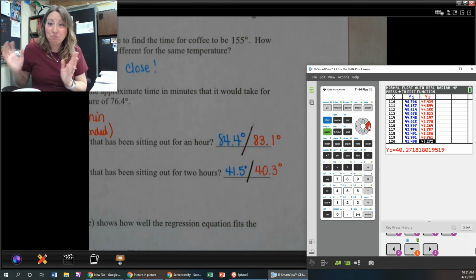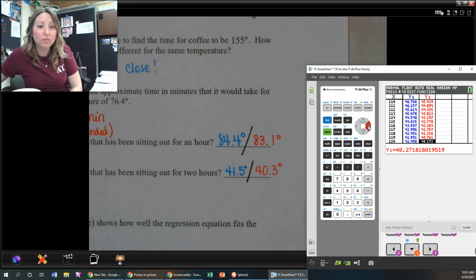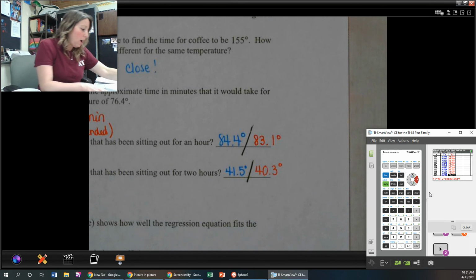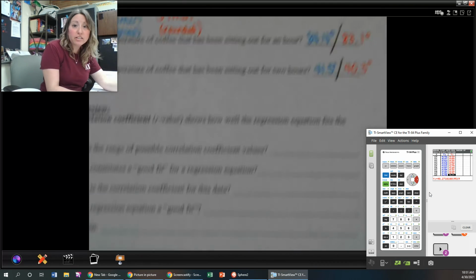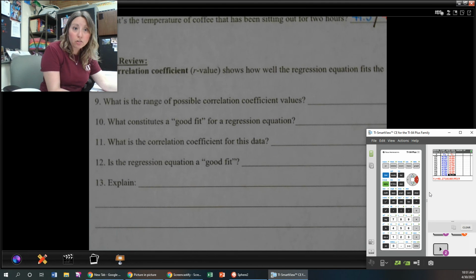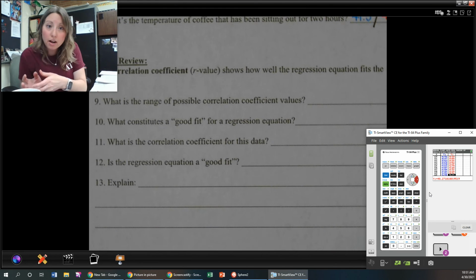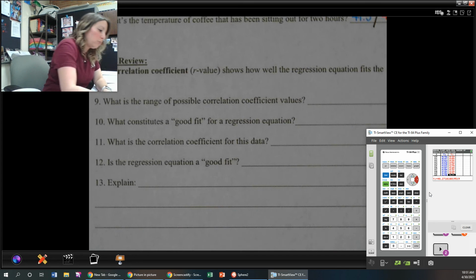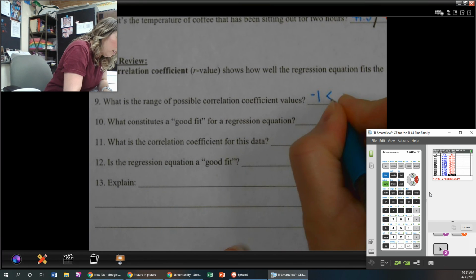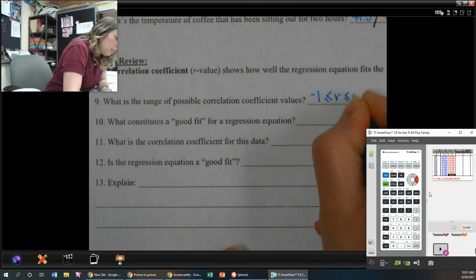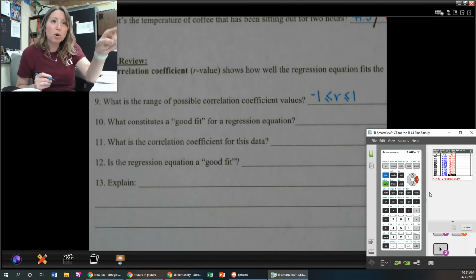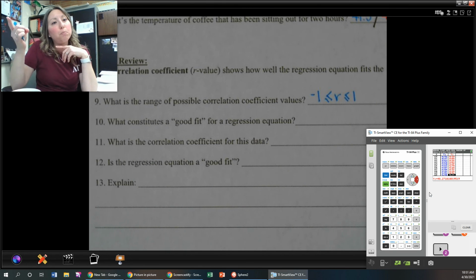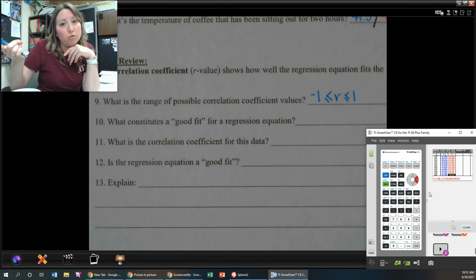All right, so real quick, let's go over our regression equation, or excuse me, our R value. So how good is the fit of this equation with our data? What's the possible range of correlation coefficients? As we know, it's from -1 up to and including +1. -1 is a perfect negative relationship between the two variables, while +1 is a perfect positive relationship between the two variables.